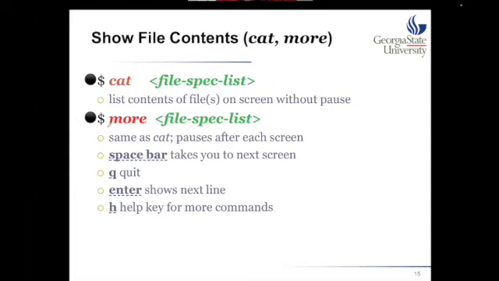More command is similar to cat command, but it does not print all of the contents one after another. More command prints only one screen equivalent of output and then waits. That means it is paused. So you have to press space bar to move to the next screen to print more output from that file. And if you want to quit, then you have to press Q.